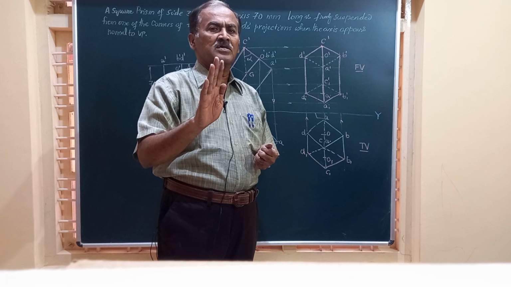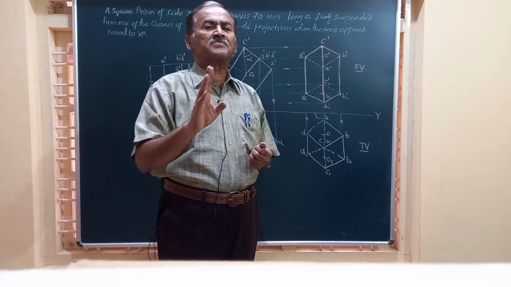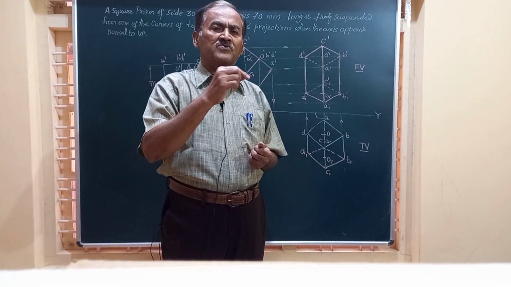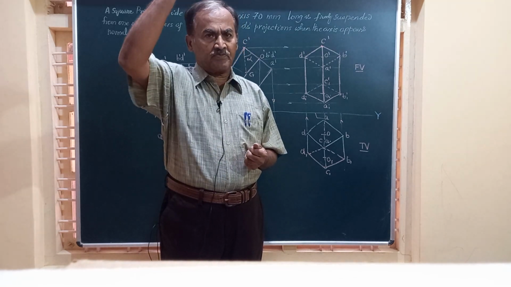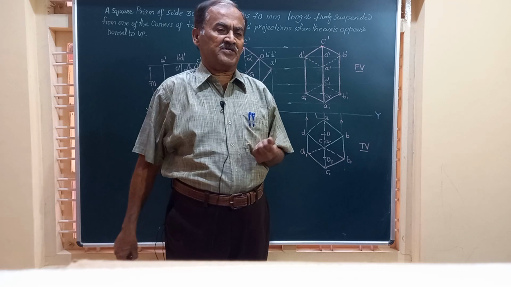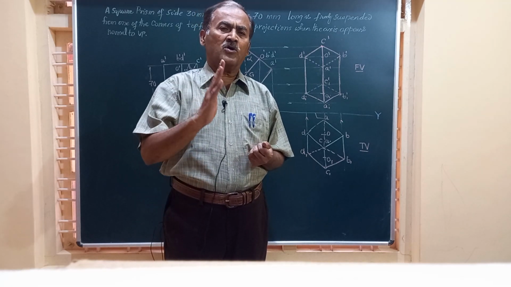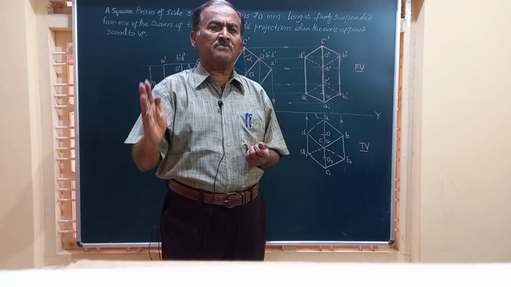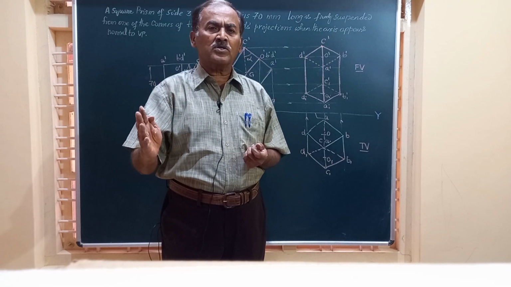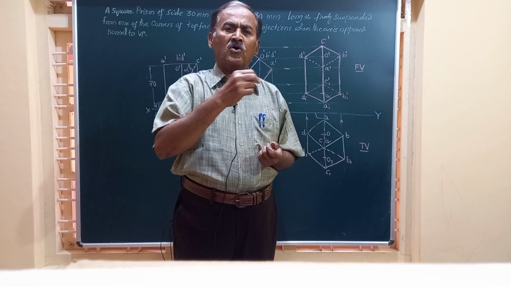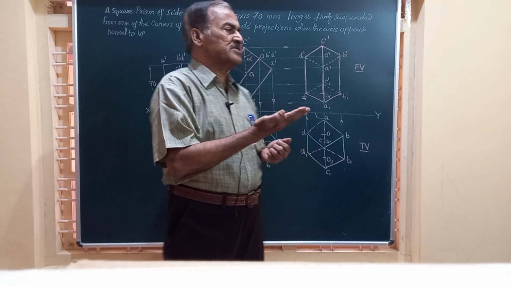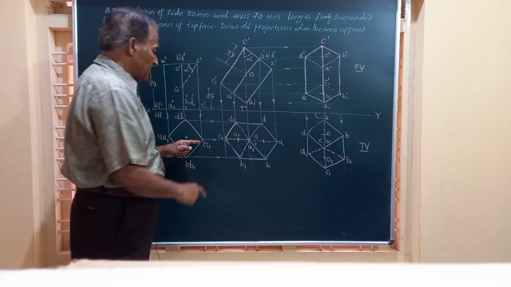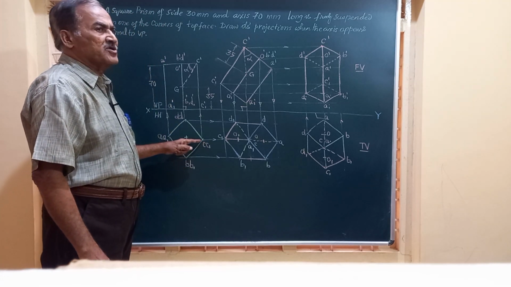And friends, let me tell you about the steps involved in obtaining the projections of this prism when it is suspended from a corner of the top face. Friends, in all the problems, whether it's a problem on prism or a pyramid or a cone, keep the object on HP such that one of the corners of the object will come to your right.